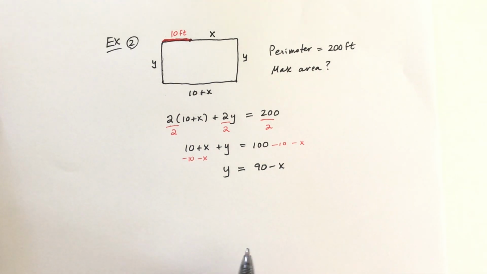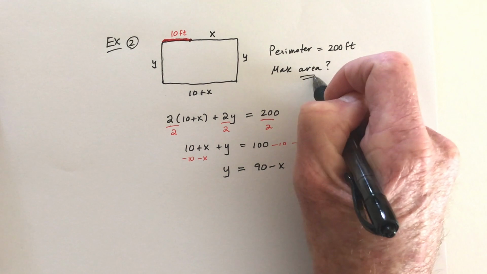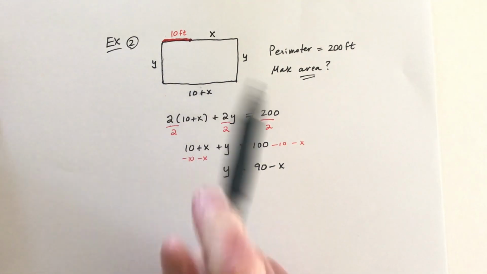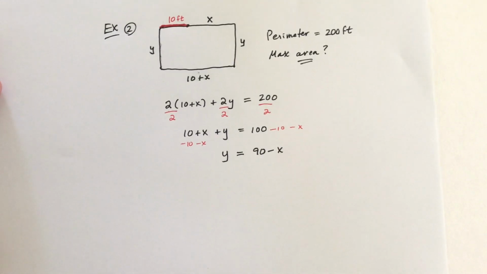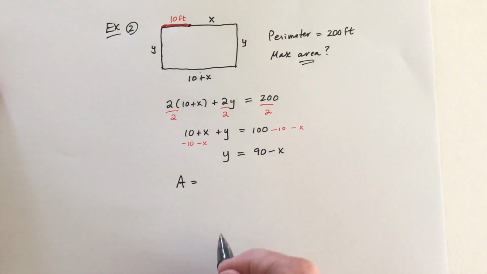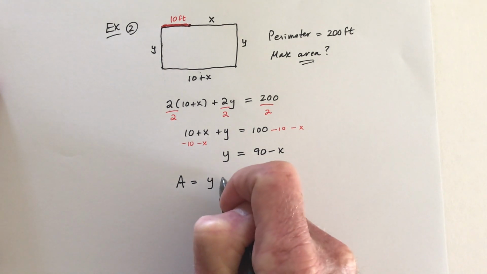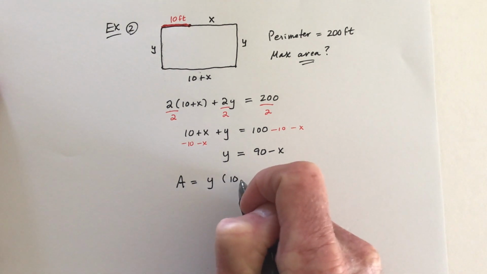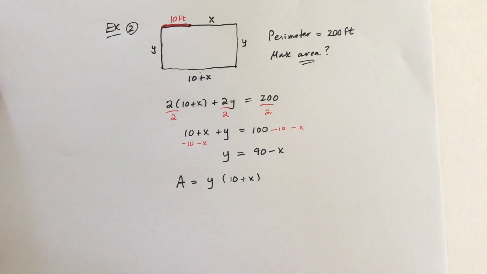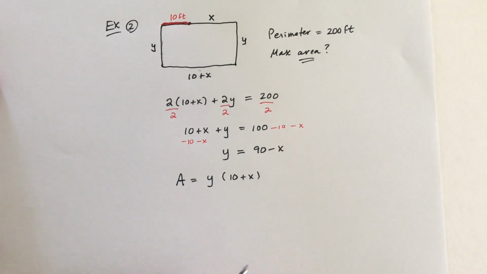All right. Next up, for the area. So the area is just one side times the other. So the area, and I'll just use an A for that, equals one side times the other side. And then we need to find the maximum.